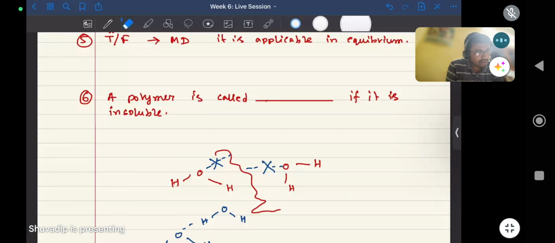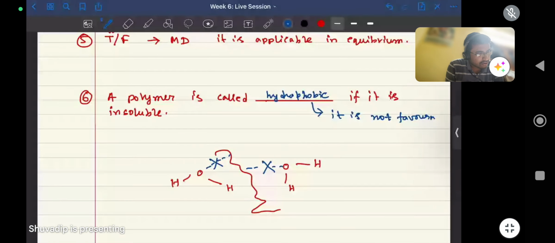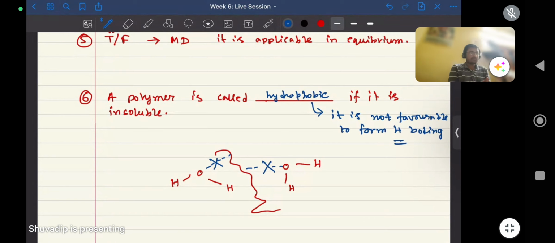So phobia means it is not favorable to form H bonding. Phobia means it is not liking water, in that sense.